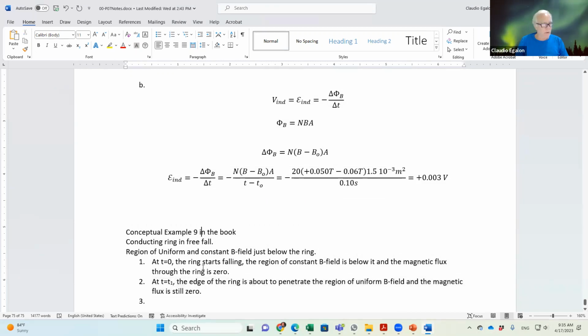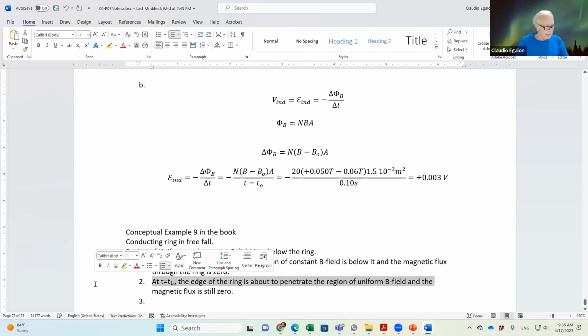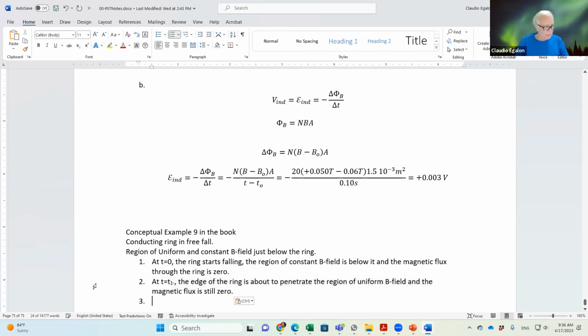I'm going to put it at t1 minus, just before the ring penetrates the region of magnetic field. That's the notation that we usually use.